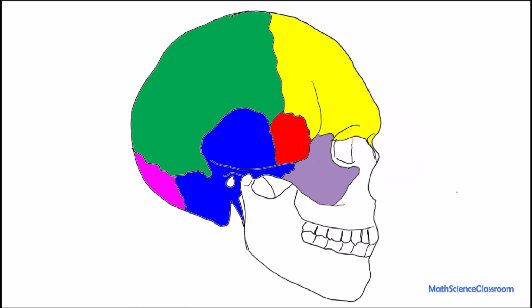Now if you notice, the maxilla actually extends from the upper jaw to the orbital. I want to make sure the structures are complete.